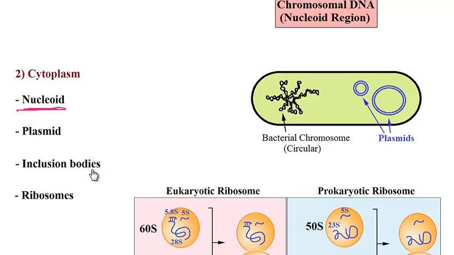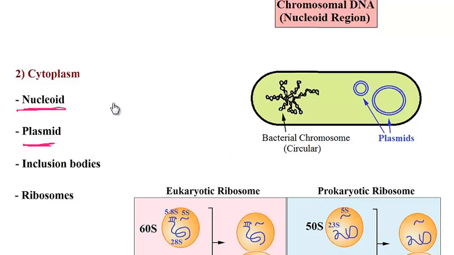You know how we just discussed that in bacterial cells, the circular DNA or circular chromosome does not have any nuclear membrane. But the region inside the bacteria where you find this coiled circular DNA is referred to as nucleoid.